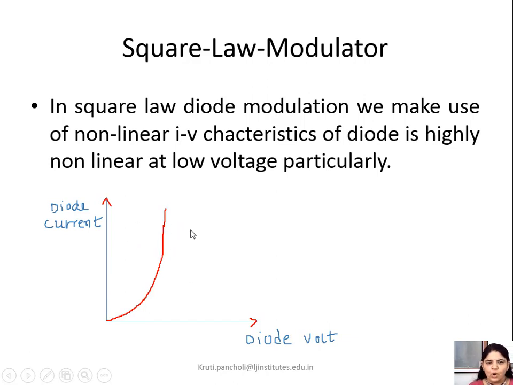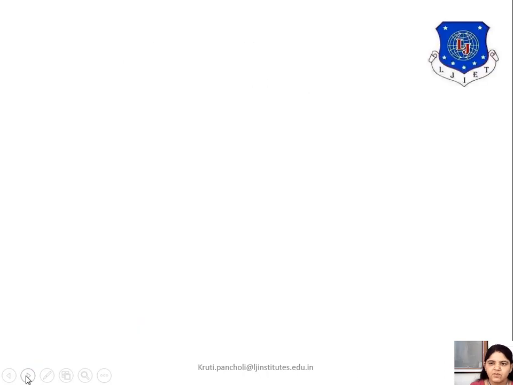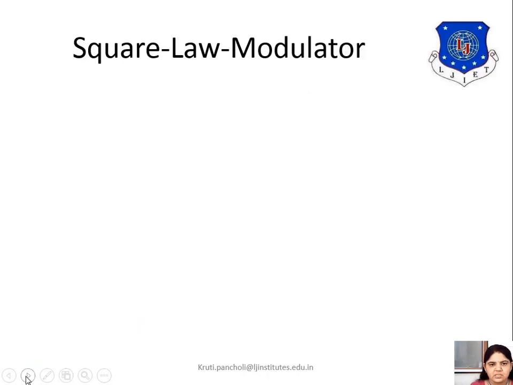So whenever we use it as a square law device, we are always using it at low voltage because at low voltage the characteristics are nonlinear. A diode is highly nonlinear at low voltage particularly.